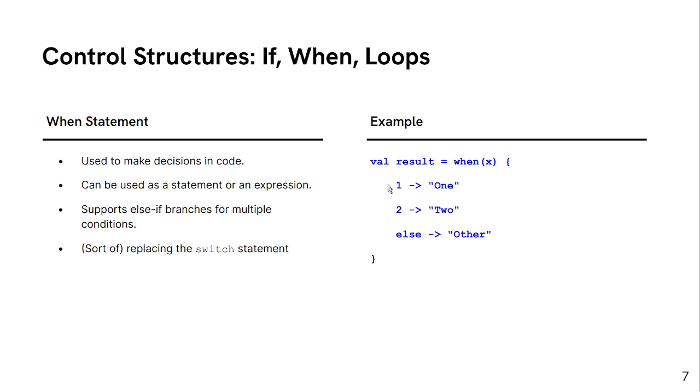Just match one case and do something, or in this example, we just return something. So this is the when statement. There is an alternative form, but for now we will just learn one form of when, so that you will not get confused.